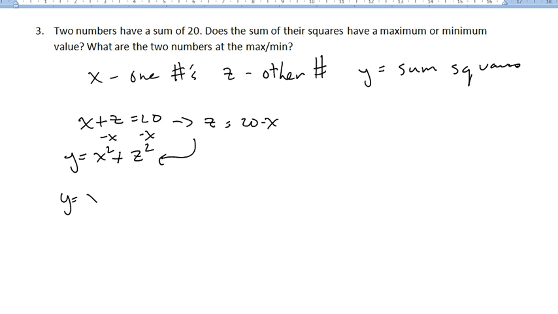So I get y equals x squared plus (20 minus x) squared. And of course, (20 minus x) squared is 20 minus x times 20 minus x.